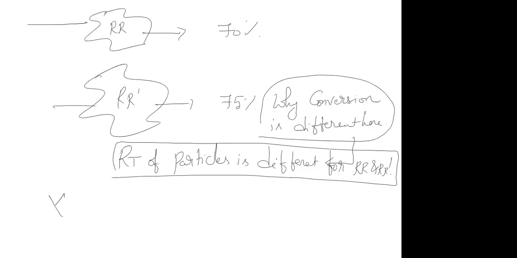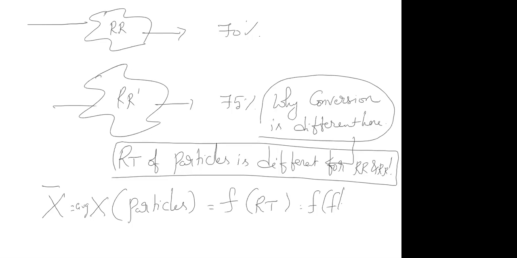So the conversion that you see is a function of the conversion of particles, or let's say the average conversion of particles, which is a function of residence times, which is a function of flow patterns.